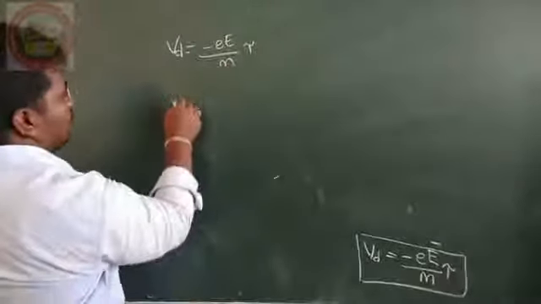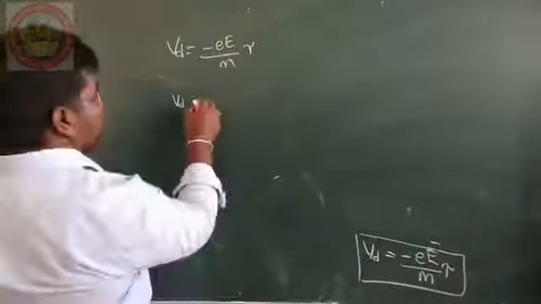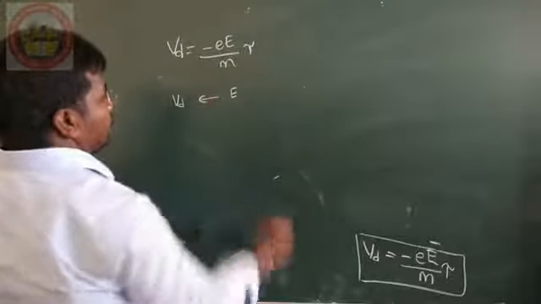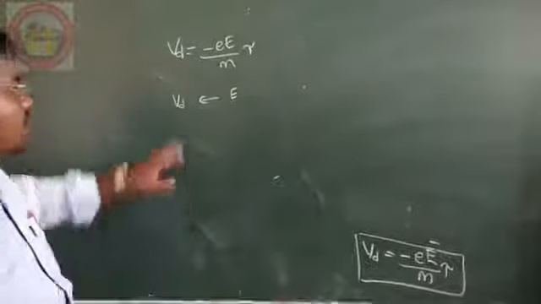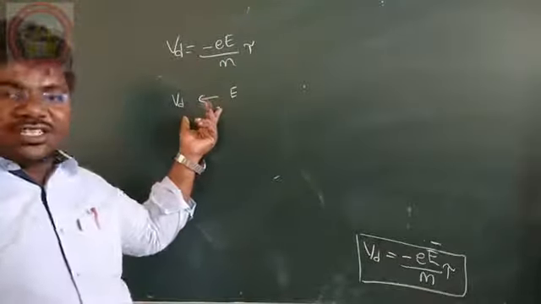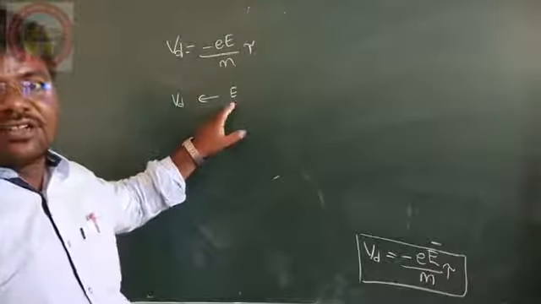Here the drift velocity of electrons is in the opposite direction of the external electric field.